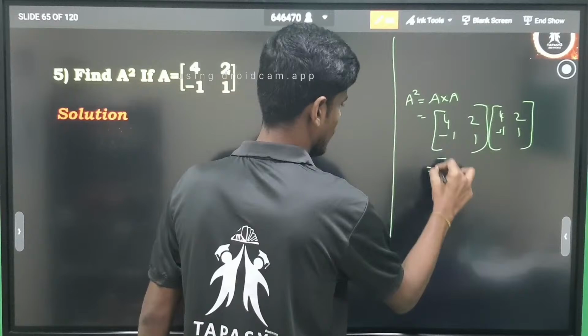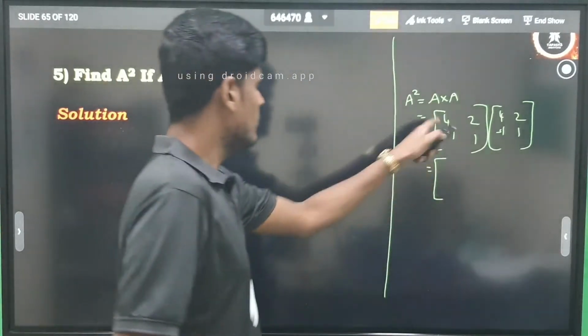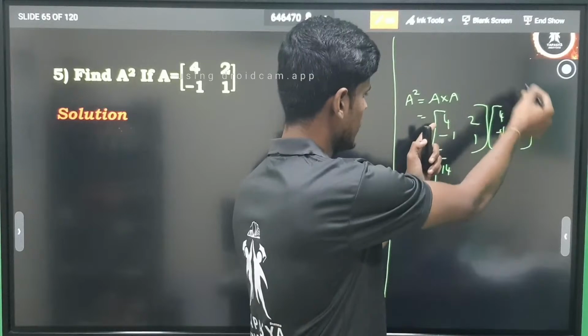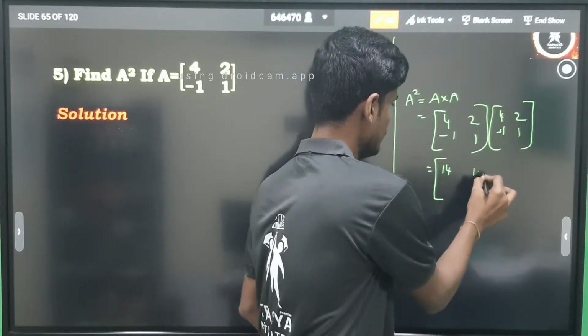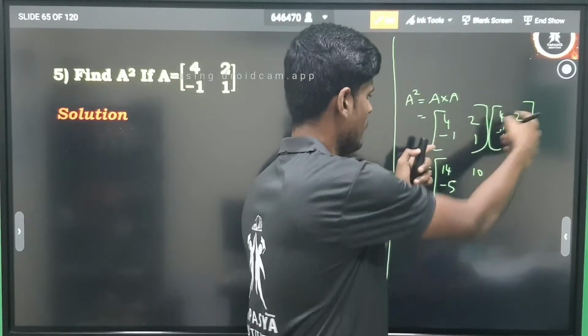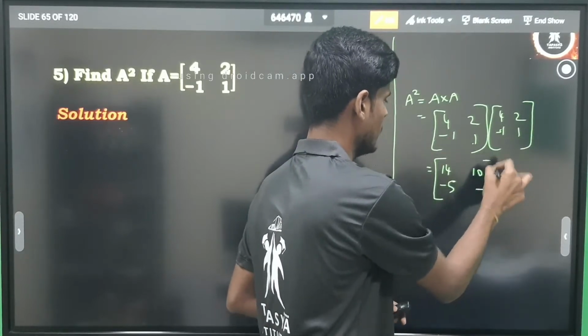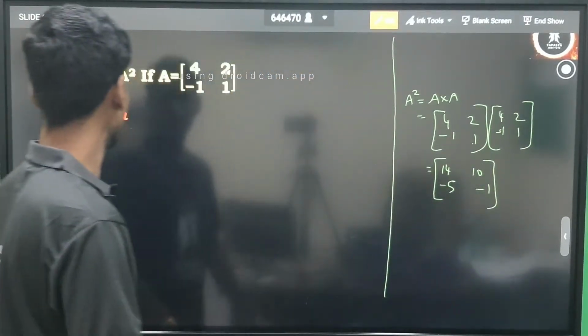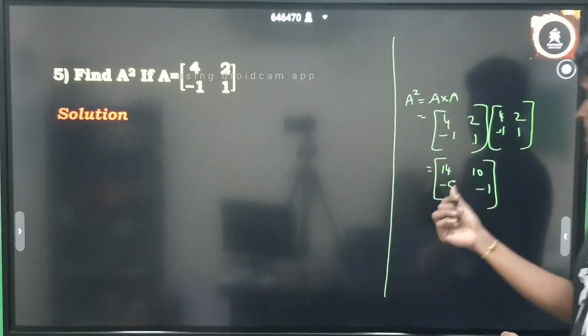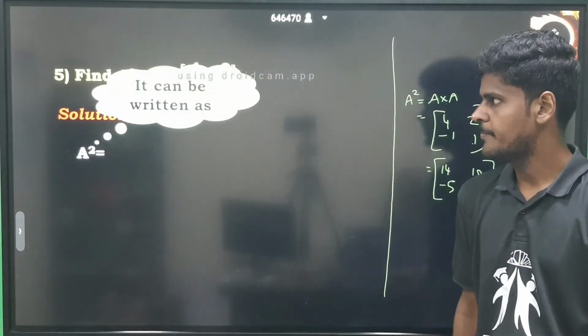What is the answer, students? 4 into 4, 16, minus 2, 14. 4 into 2, 8, plus 2, 10. Minus 4, minus 1, minus 5. Minus 2, plus 1, minus 1. This is A square. So what is A square? 14, 10, minus 5, minus 1.